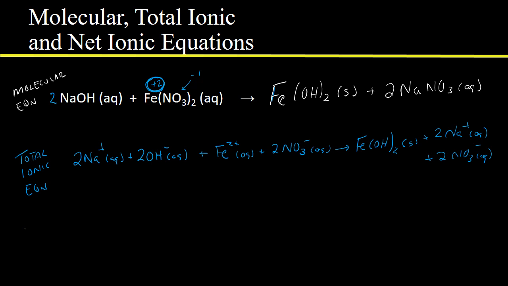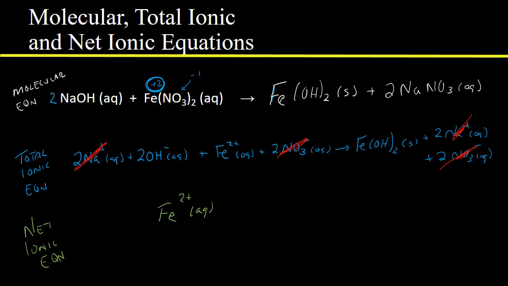And then for the net ionic equation, we need to go back and cancel out our spectators. Sodium is a spectator and nitrate is a spectator. So our net ionic equation, you could write the hydroxide first. People usually write the cation first.